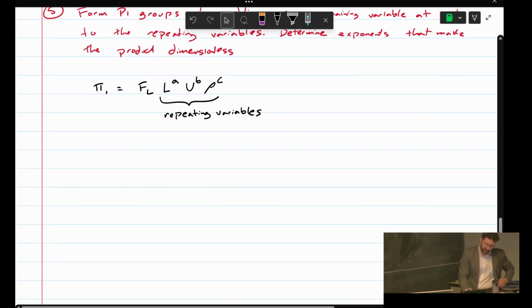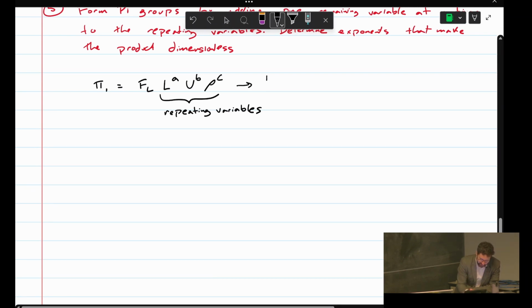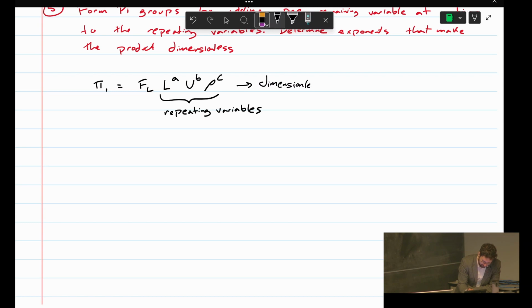Pi1 is the first pi group, and this needs to be dimensionless. So what we basically get here is a system of equations that we can use to determine A, B, and C. We have 3 dimensions in this problem, mass, length, and time, and 3 unknowns, the exponents A, B, and C. So we need to build our system of equations.